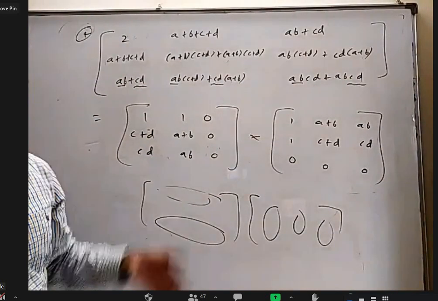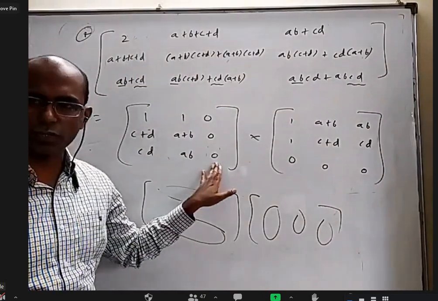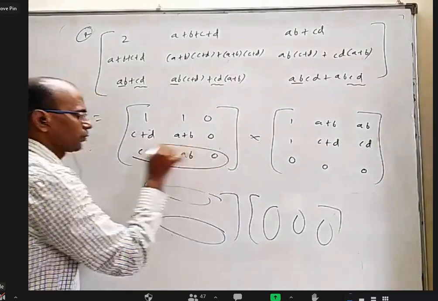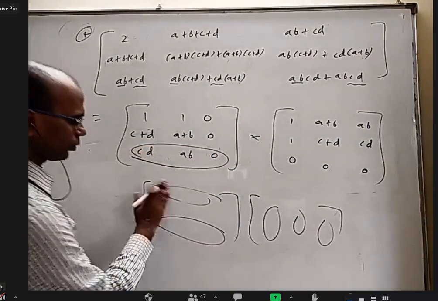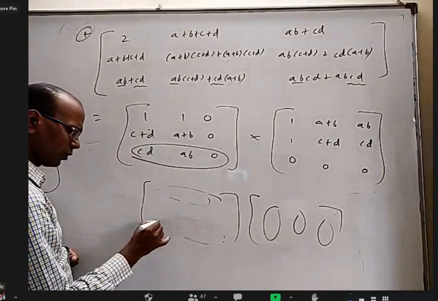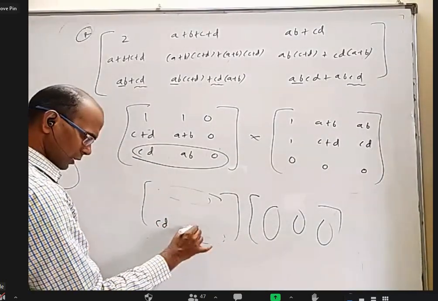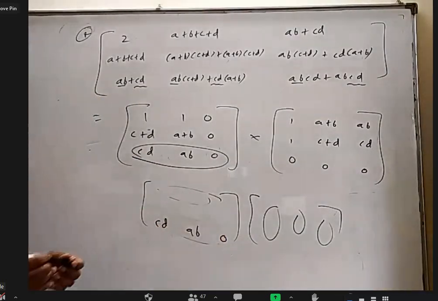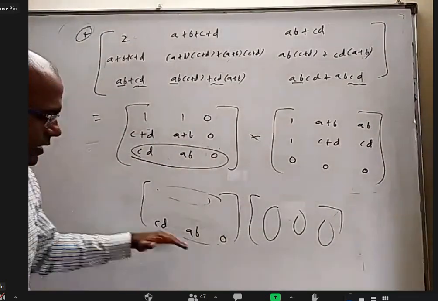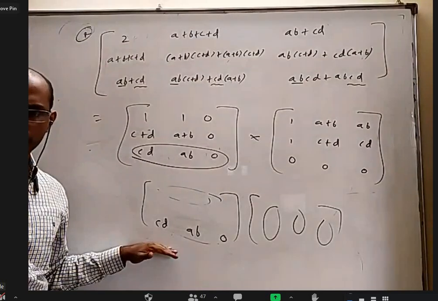Like in the previous question, if something is missing, it is nothing wrong to write 0. So please understand, I'm starting with the third row. I can even interchange these two. I'm only writing CD here, AB here, 0 here, nothing else.